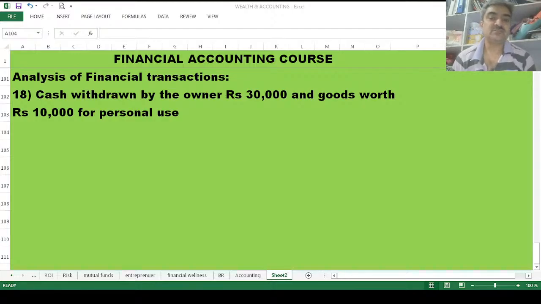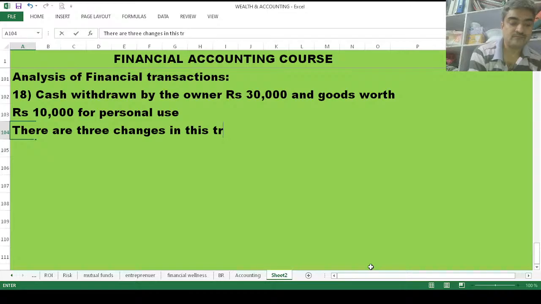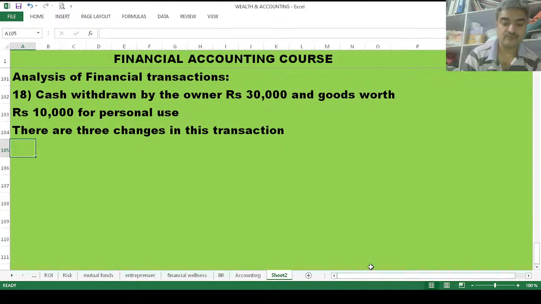There are three changes in this business transaction. Number one is decrease of cash.